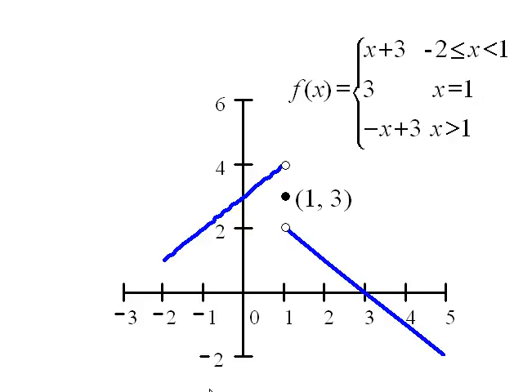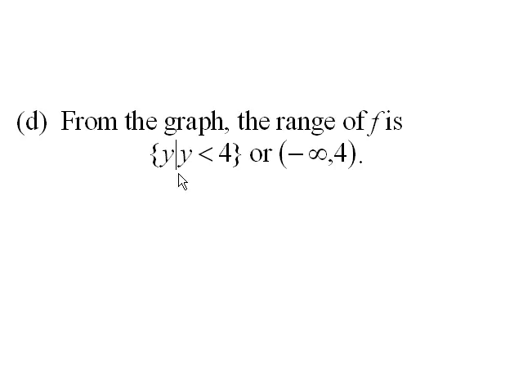So the y values that work overall are anything from 4 down, not including 4. That would say the range then is y less than 4. Here it is in set builder notation. Notice that strictly less than is needed. Here it is in interval notation. The open parenthesis here shows that the point 4 is not included.